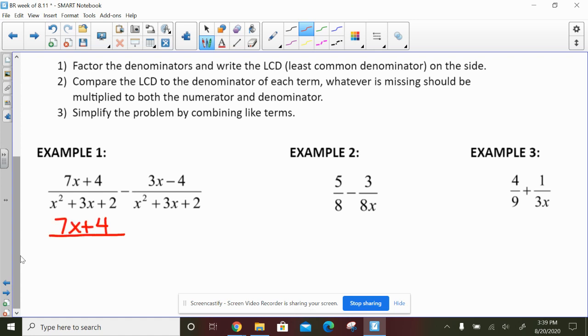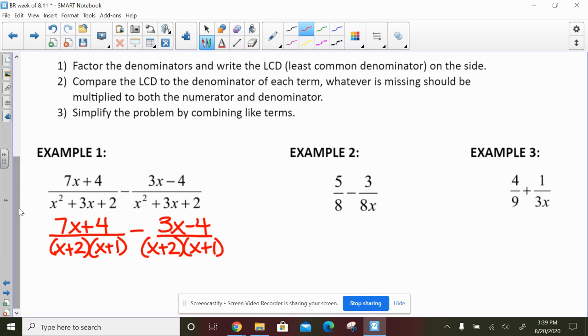So factors of 2 that add to give me 3 are 2 and 1. And then we subtract. The tops cannot be factored here. X plus 2, x plus 1. So now that we know they're the same, we can combine like terms on the top.